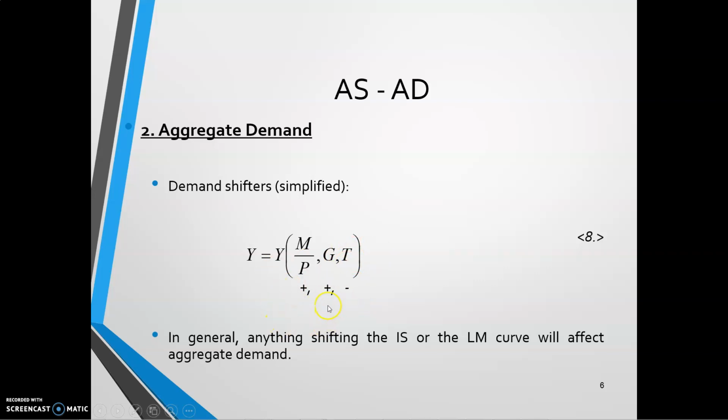And the intuition is the one that you already know from the simple multiplier model and from the ISLM model. An expansionary monetary policy, an increase in M, will increase aggregate demand. It will shift the curve to the right. An increase in government expenditure, fiscal policy, fiscal stimulus, will increase the aggregate demand curve. For any given price level, we're spending more. An increase in taxes, finally, reduces disposable income, it reduces consumption, and hence shifts the aggregate demand curve to the left.